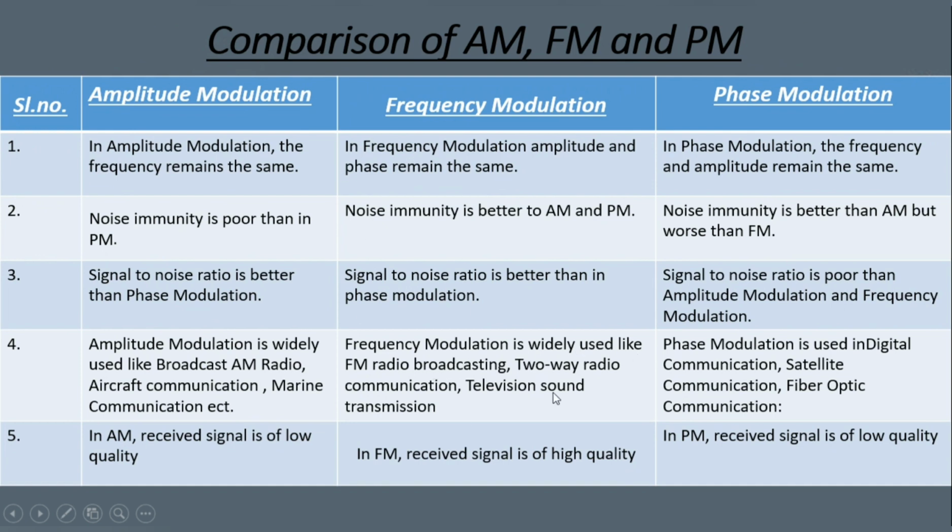Frequency modulation is used in FM broadcasting radio, two-way radio communication like ham radio, and television sound transmission. Phase modulation is used in digital communication, satellite communication, fiber optic communication, and also mobile communication.